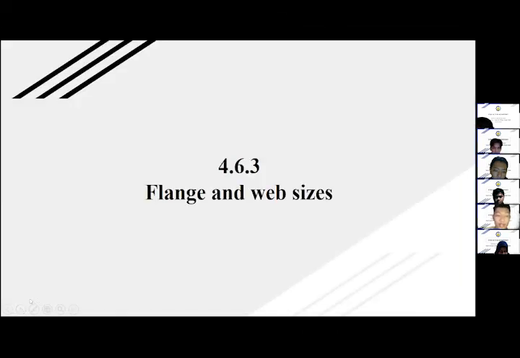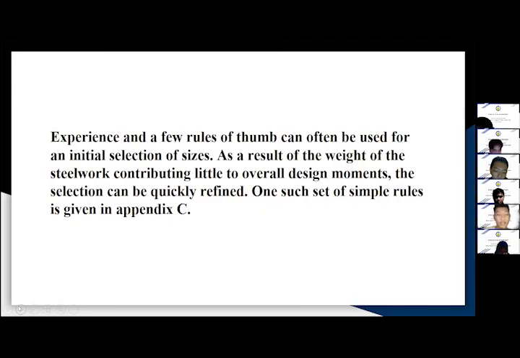Okay, the next topic is flange and web size. Experience and a few rules of thumb can often be used for an initial selection of size. As the weight of the steelwork contributes little to overall design moments, the selection can be quickly refined.